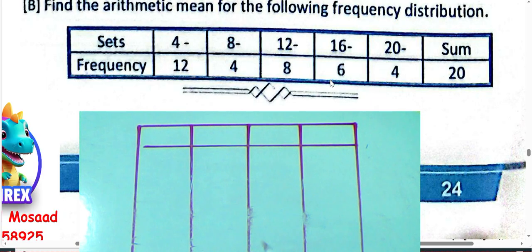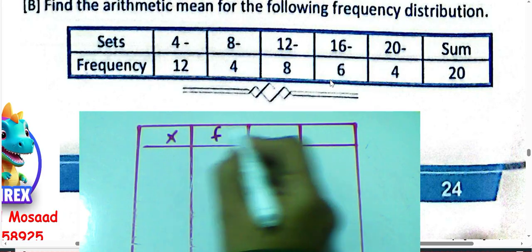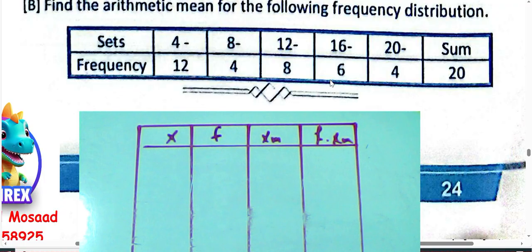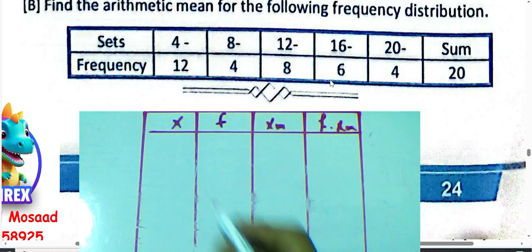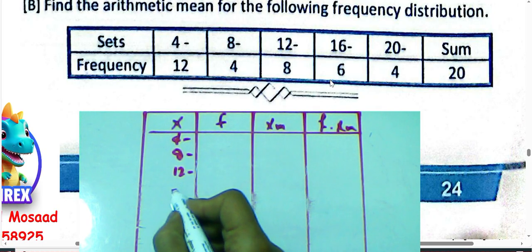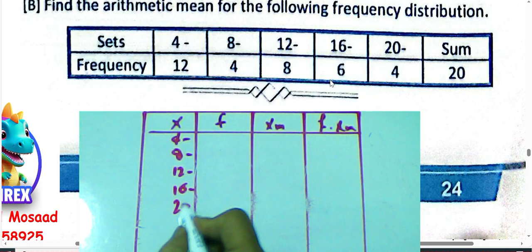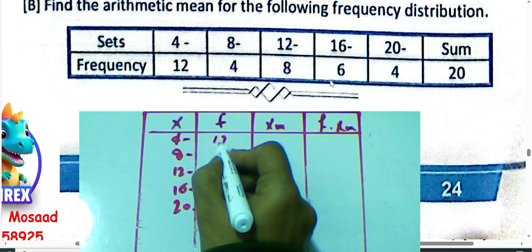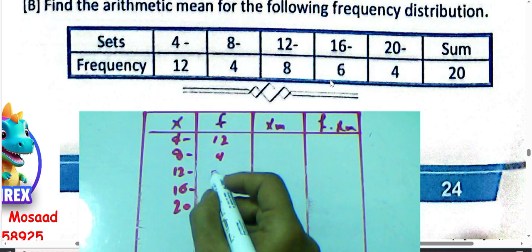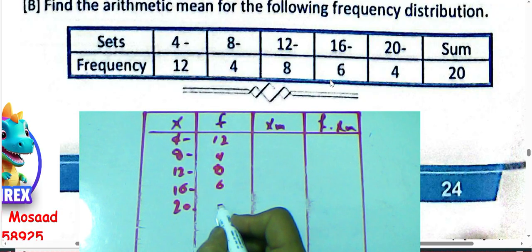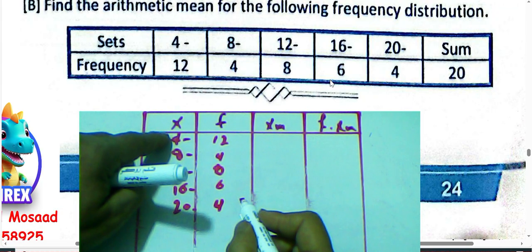First write the set X, the frequency, the center of the set, and the product of frequency and the center. Sets here 4 to 8, 8 to 12, 12 to 16, 16 to 20, and the frequency was 12, 4, 8, 6, and 4.